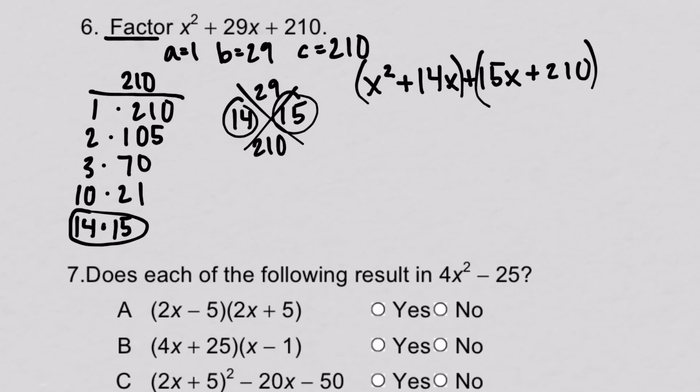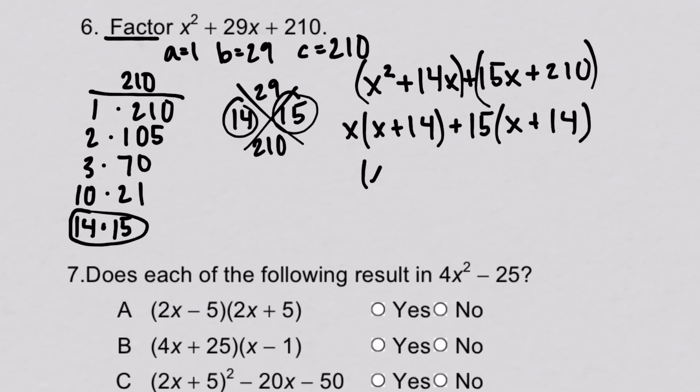On the first one, I see that they have an x in common, so it's x plus 14. On the second one, they have a 15 in common, so it's x plus 14 as well. And then I see that they both have x plus 14 in common, so I'm going to write that, x plus 14, because both of these things have an x plus 14 in them.